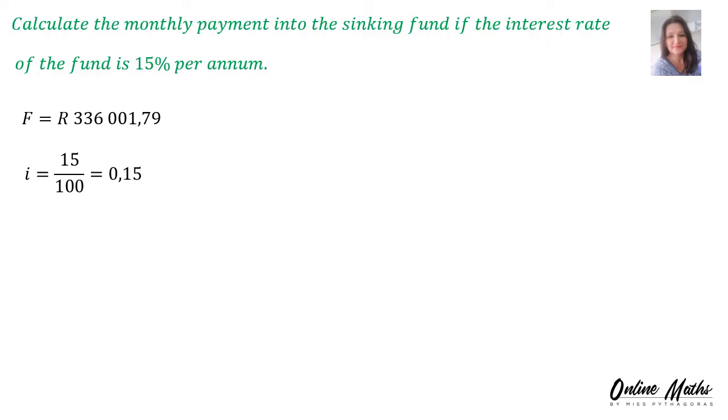I is 15 divided by 100, which is 0,15. N is in 4 years' time, but remember there's monthly payments, so it's 4 times 12, so the N is 48. Into the future value formula, we'll substitute values and we're going to work out X.